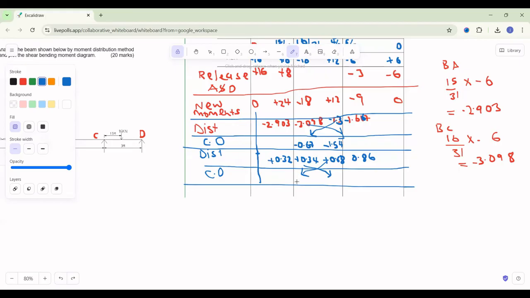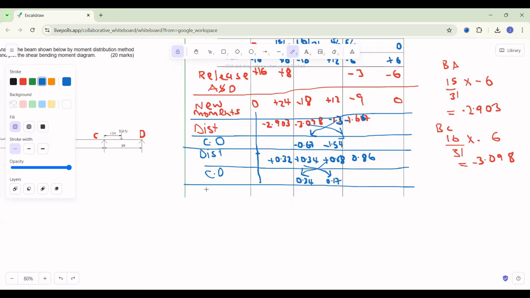So we'll get 0.34, yeah, right? And on this side, we get 0.1 together. We are going to distribute this.